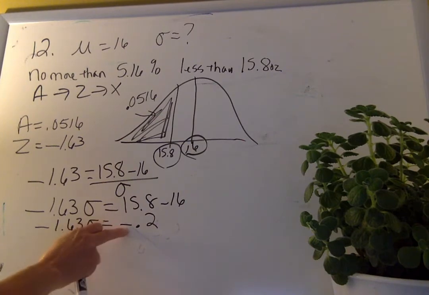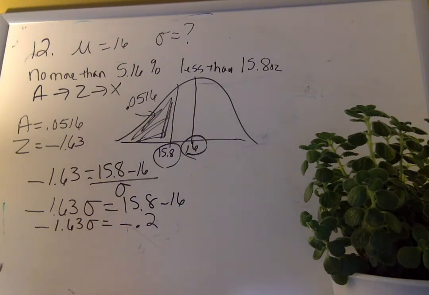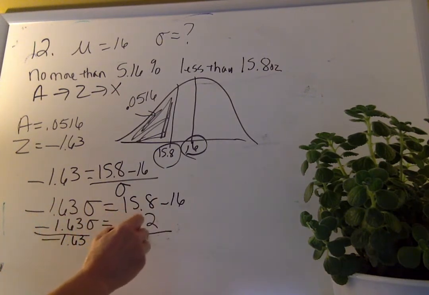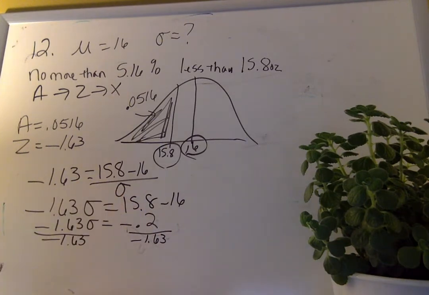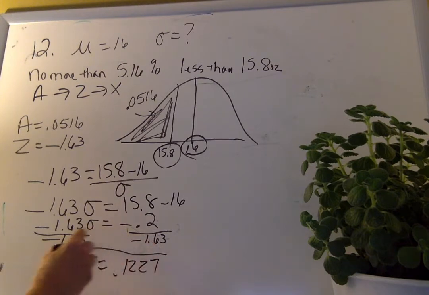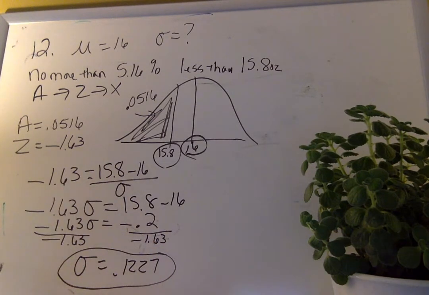Now you're going to divide by negative 1.63. And when you do that, you're going to get positive. It has to be positive. You can't have negative standard deviation. 0.1227.